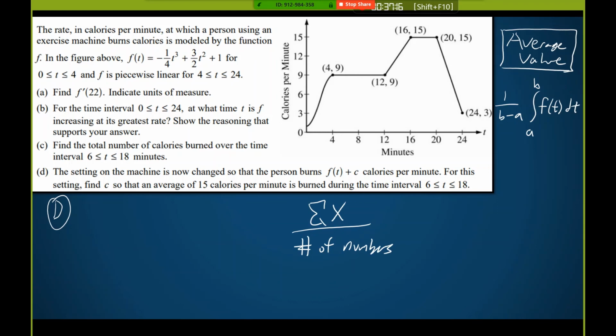I'm adding up all of our values, so when you integrate f of t, you're adding every possible y value together in order to get a total. But then you're dividing by the total number of values in that space in order to get an average. So the idea is kind of the same as what we do with discrete numbers, but this time we've got a whole function instead.